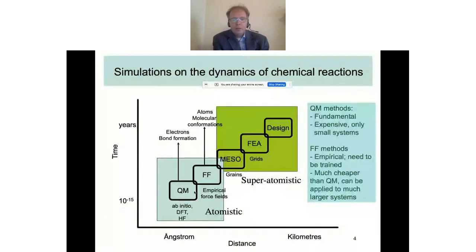You need very significant computational resources to run them, and you cannot really go to very large systems or long time scales. So one step above, we have the so-called force field-based methods, where we do not try to solve the Schrödinger equation with approximations anymore, but we use a set of different functional forms that are faster to solve, but are clearly not as fundamentally correct as the quantum mechanical methods. And as such, since they are empirical, they need to be trained. And quite often we go back to quantum mechanics to provide that type of training data.